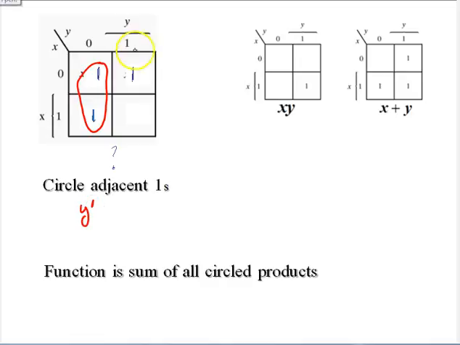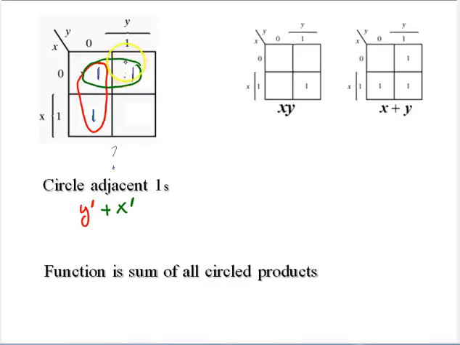And when we encircle these two adjacent ones, x is 0 the whole time, but y has changed from 0 to 1. So we're doing a sum of products, so we do OR, and that'll give us an x prime. So we ended up with a y prime. We ended up with an x prime, and then it's the sum of the two, so that gives us the OR. So that's a much simpler method.